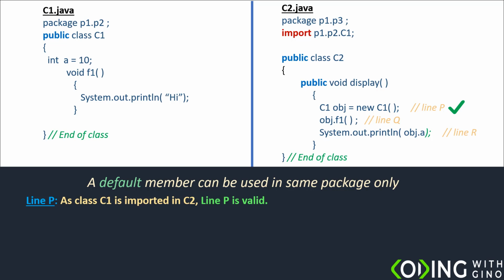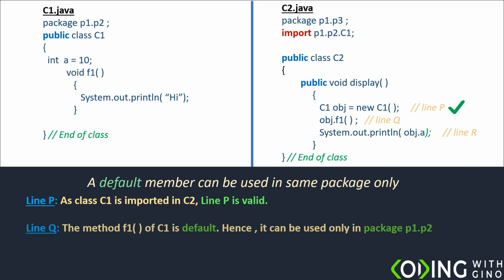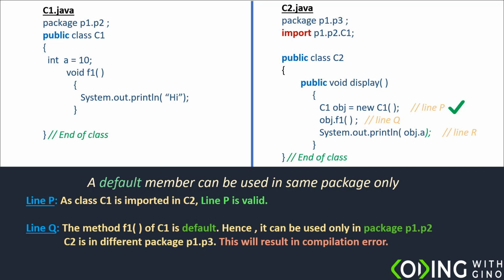On line Q, F1 is called. The method F1 in C1 has the default access specifier, so it can be used anywhere in the same package as C1. But class C2 is in a different package, so compilation fails for line Q. Hence, line Q is invalid. The same applies to line R as variable A is default, okay?